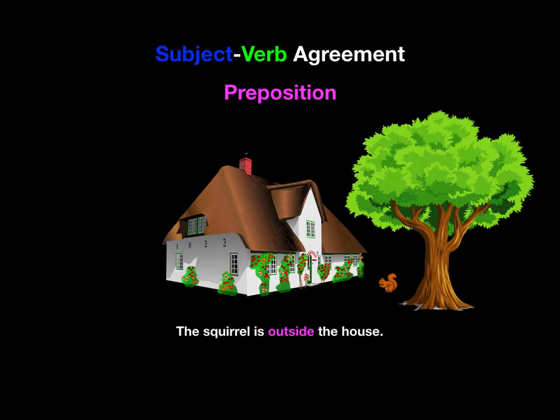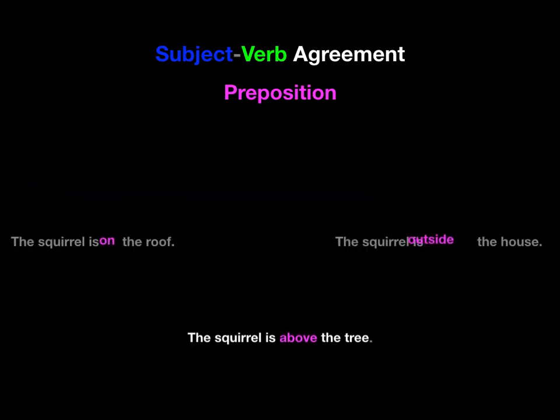Outside is a preposition because it shows the squirrel's relationship to the house. The squirrel could also be on the roof or above the tree. In each of these sentences, we have a clear preposition.